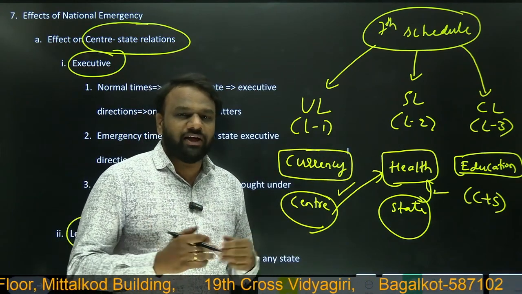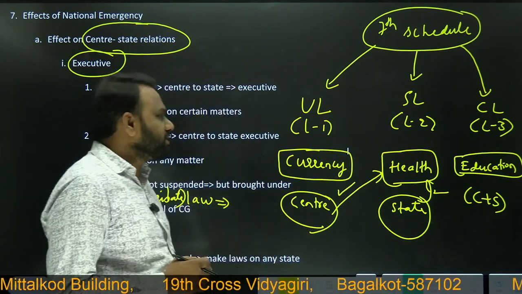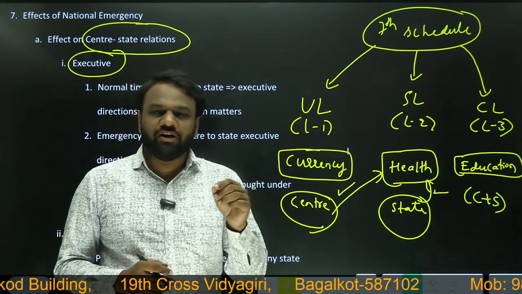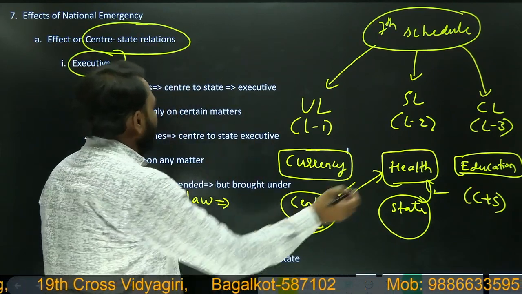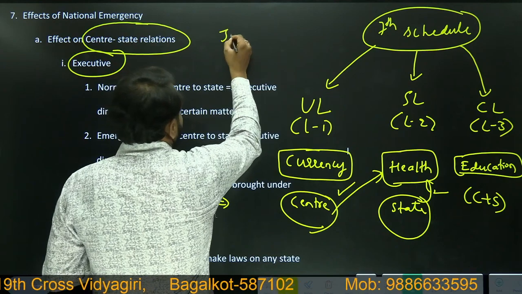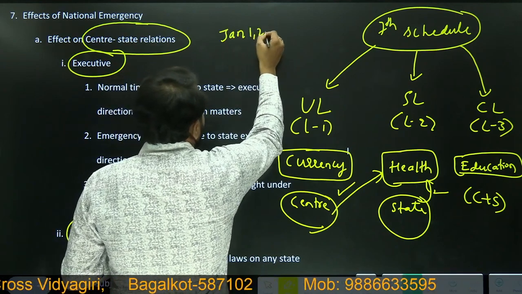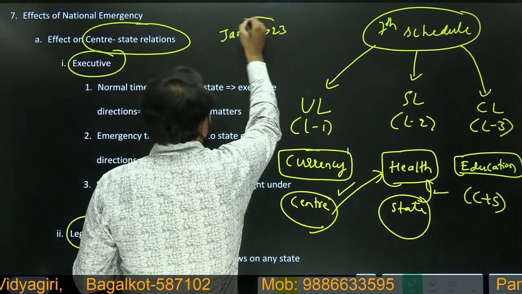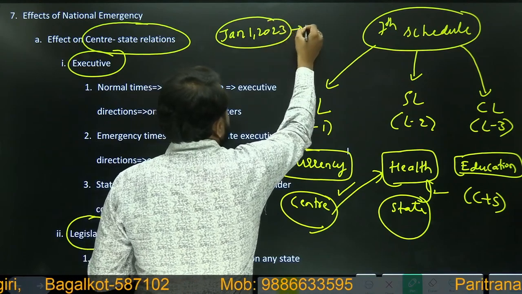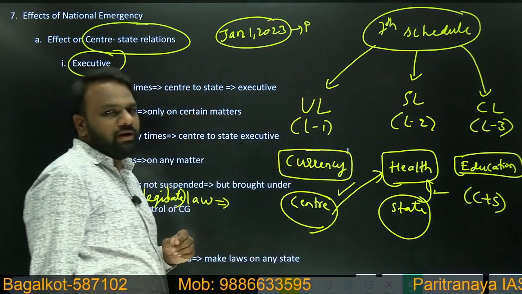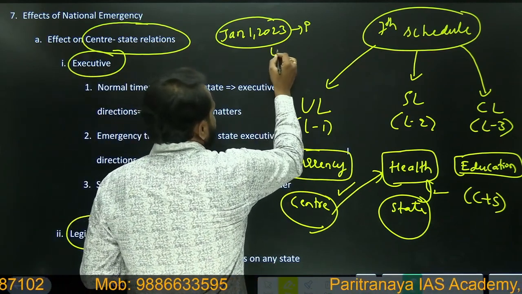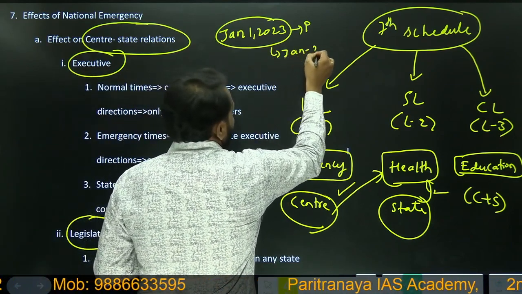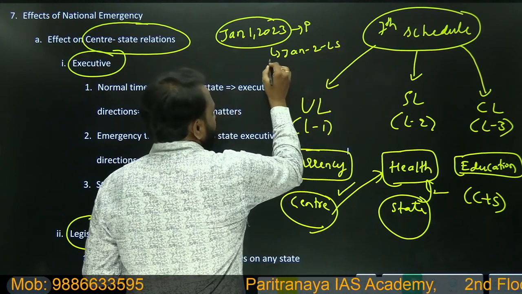So what is that temporary period? That is 6 months after the ceasing of emergency. I'll take an example. On January 1, 2023, let us assume the President has declared emergency. Let us assume on January 2, Lok Sabha approves it with special majority.